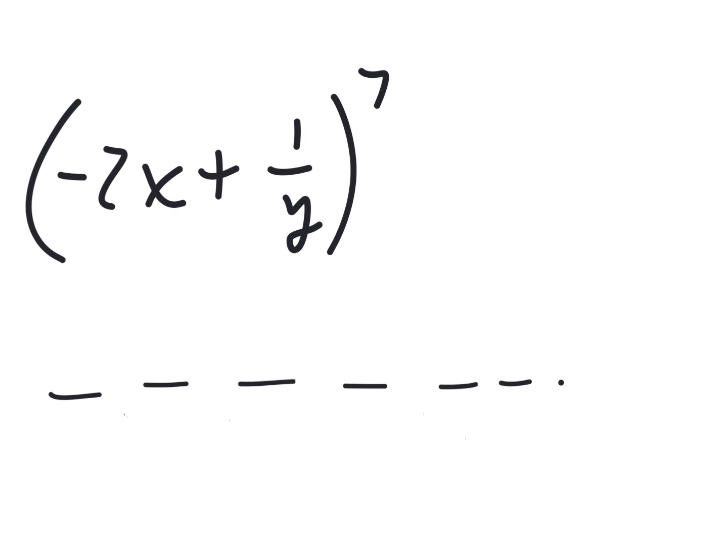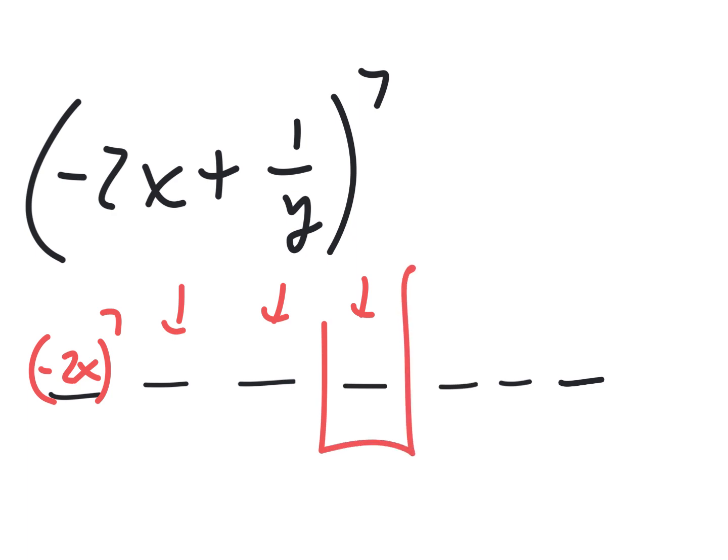I have 8 blanks, but which term has x to the 4th in it? Well, then I'd start with negative 2x to the 7th, and I'd just keep going until I get to the 4th, right? This would have to the 6th, to the 5th, to the 4th. Oh, so you're talking about this one. And then you'd have to figure out that term. We don't have to do all of them. We just have to do that one then.